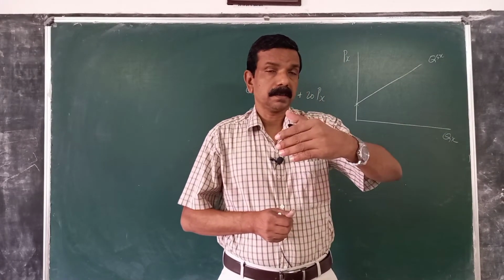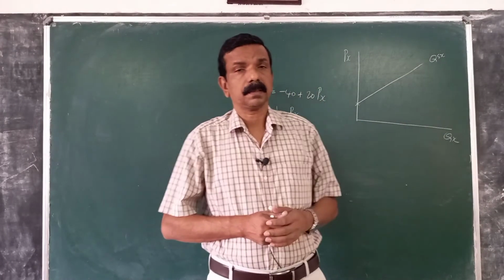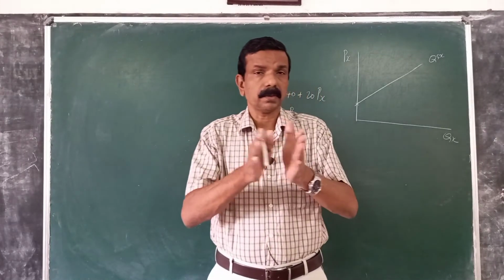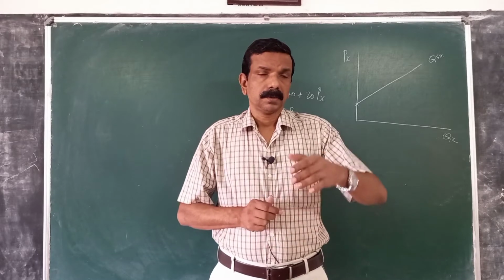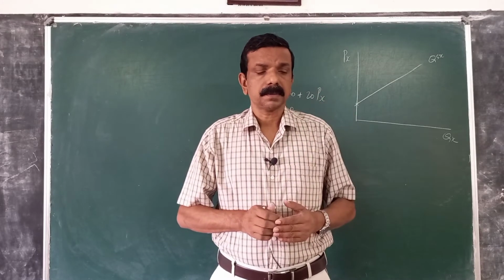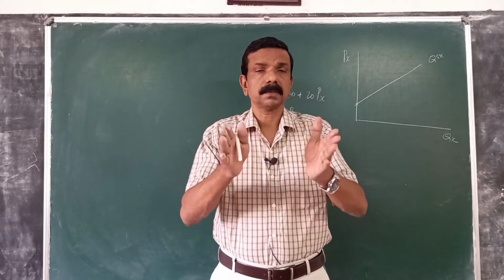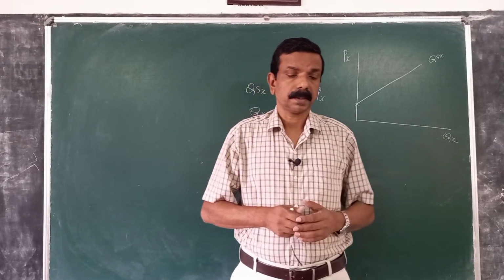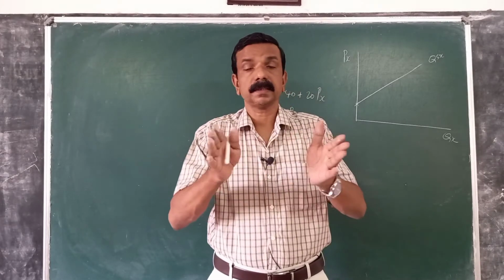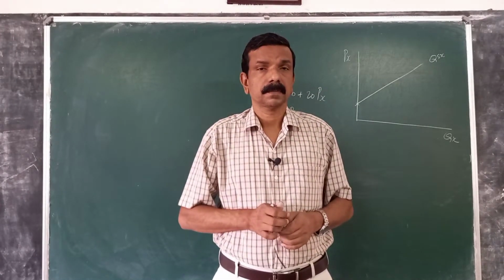So usually the slope of the supply curve is positive, but there is no law of supply as in the case of the law of demand. Usually it is positively sloped, but it can have zero slope, infinite slope, negative slope, etc. So generalizations are not possible.